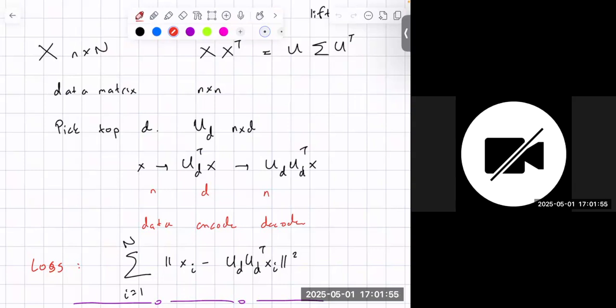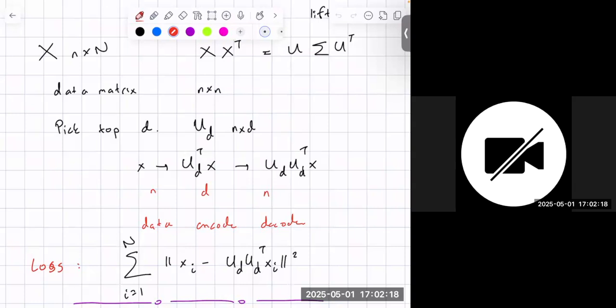Then our loss is computed after putting it back up, because I need to take the difference of same-dimension vectors. So this lives in n dimensions, but it is a D-dimensional thing. I'm putting all my data on a plane in 3D or on a line in 3D, but they're still living in 3D. So this part is encoding, this part is decoding.